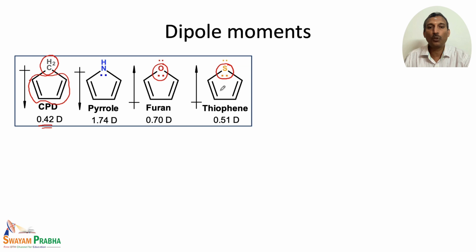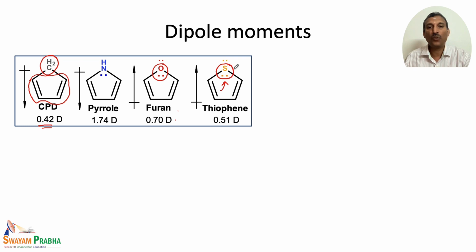So they pull these pi electrons towards themselves. That means the charge polarization is away from the ring towards the heteroatom. That is how the dipole moments are appearing in the case of furan and thiophene. And furan is having 0.70 D, and thiophene is having 0.51 D.